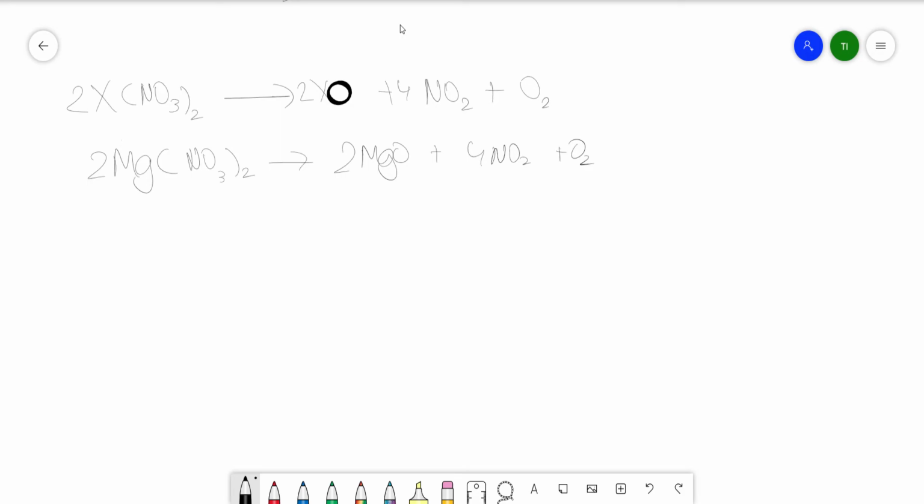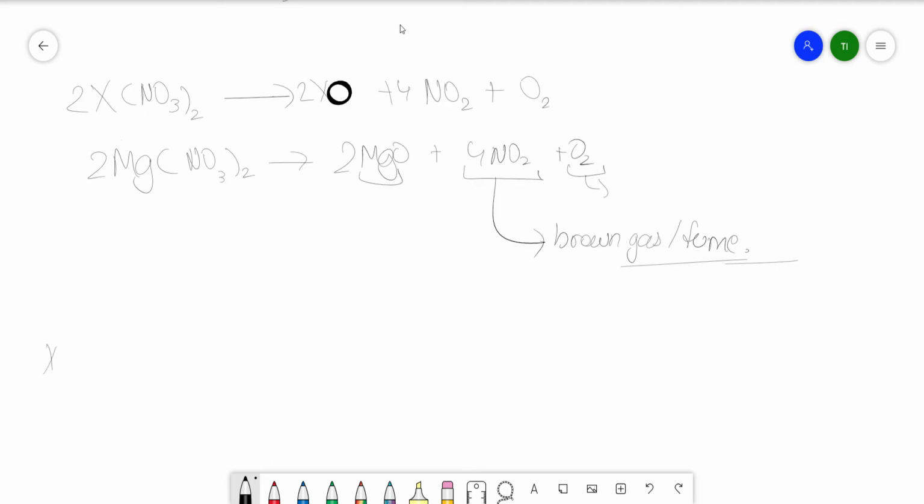And what you would observe for this reaction is a white solid that remains. There's a colorless gas, but because something else is formed, you don't normally observe that colorless gas. And the other thing that's formed is nitrogen dioxide, which is a brown gas, or you could even say fume, depending on the conditions. So this is the observation when the decomposition happens.